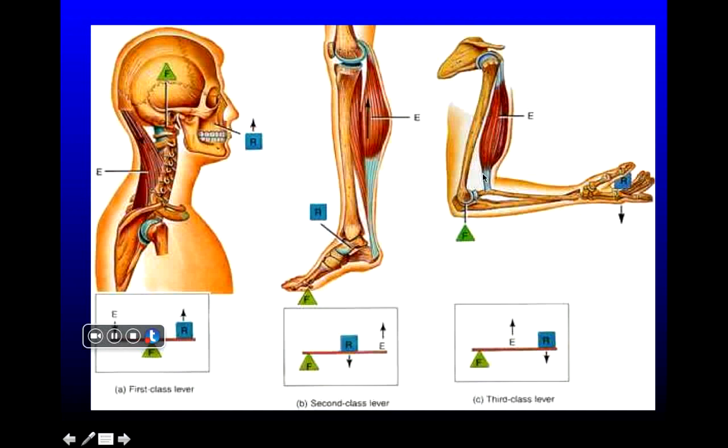Notice that it goes past the elbow joint and attaches to the radius, specifically the radial tuberosity. That's right here. See that? So just from appearance, you notice that the muscle starts here and ends here and crosses the elbow joint.